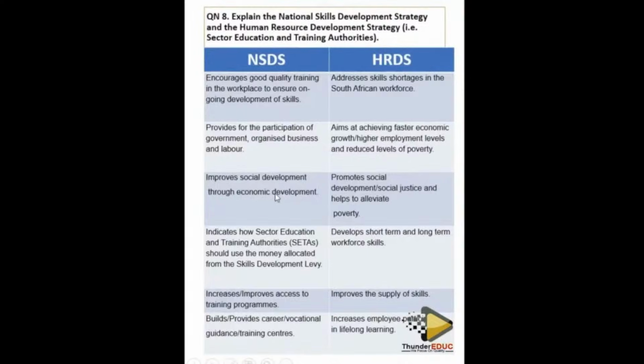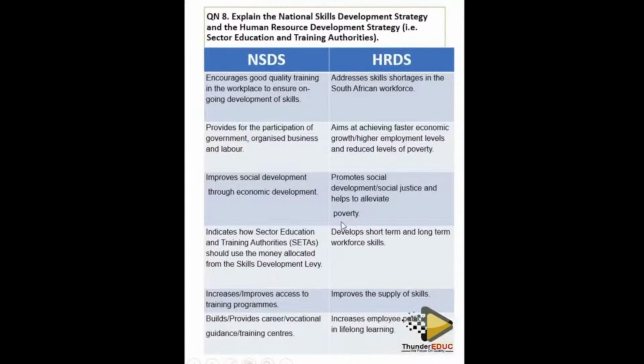Also, under NSDS, it improves social development through economic development. With economic development, we check the growth or improvement of the standard of living of the households or inhabitants. There are a lot of indicators that can tell us whether an economy is developed or not. We can check the poverty line, the death rate, the birth rate, the life expectancy, the fertility rate and the like.